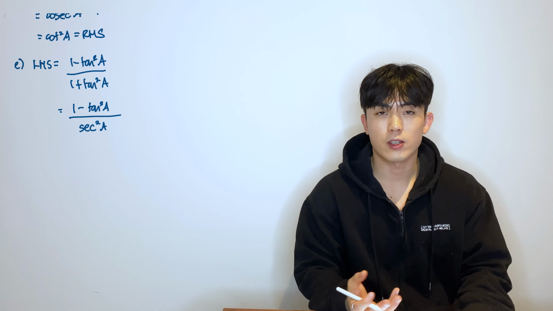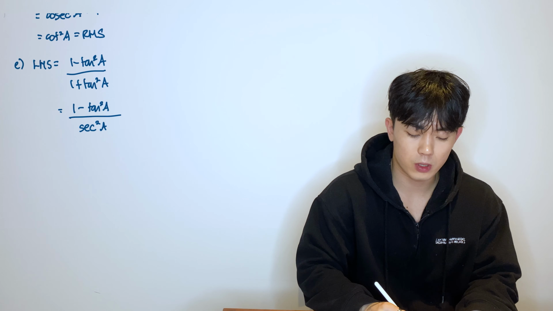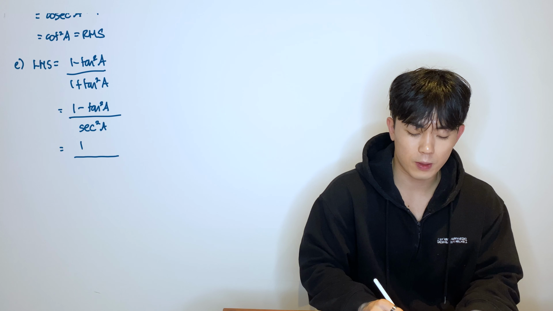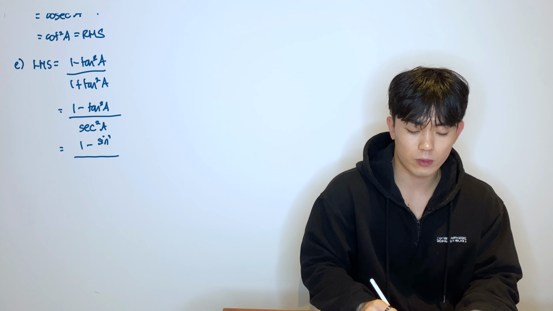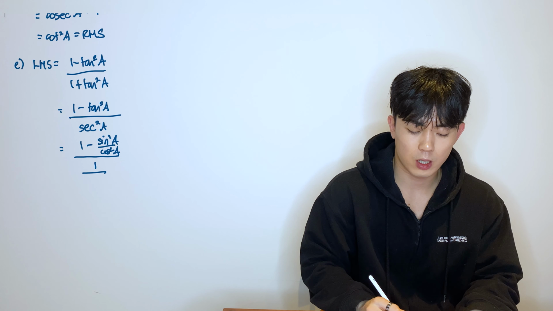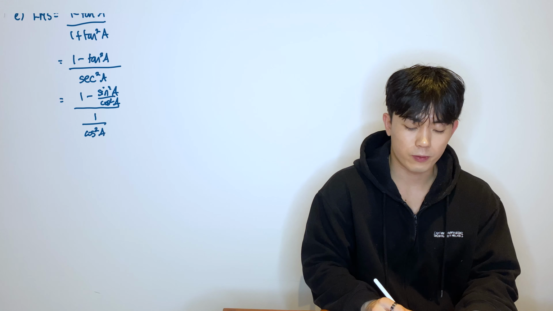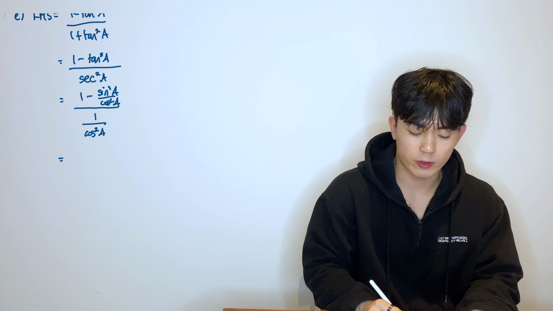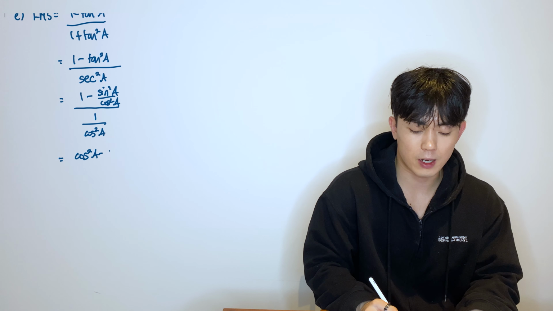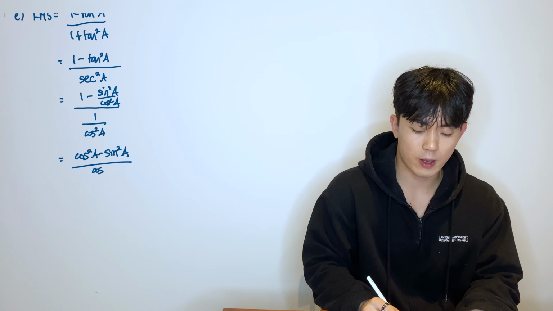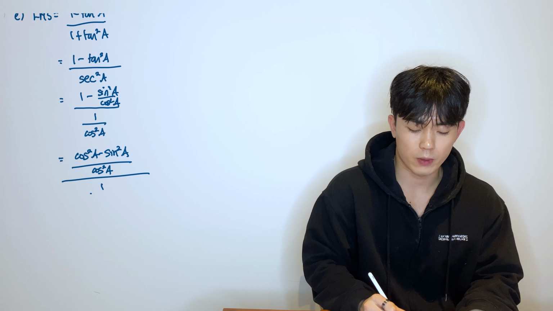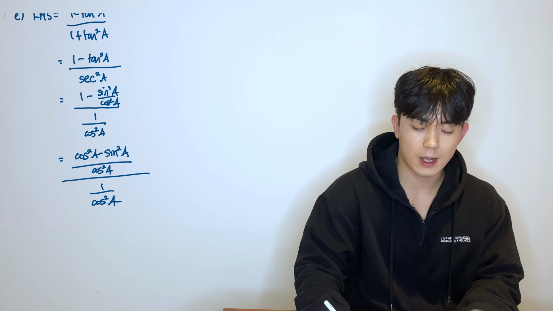Okay, now I can just change it to sine and cos terms. So we'll have 1 minus sine squared A over cos squared A, and on the denominator we'll have 1 over cos squared A. I can make these fractions a bit simpler. The numerator I can rewrite as cos squared A minus sine squared A over cos squared A. In the denominator, I have 1 over cos squared A, meaning that these will cancel out.